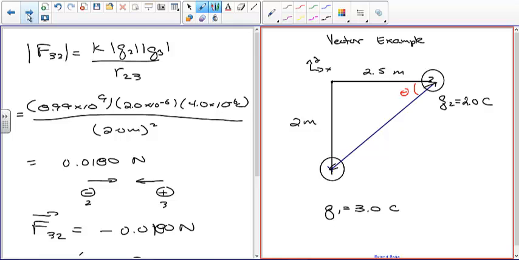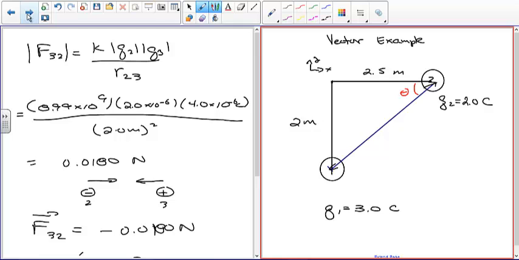And this charge 2 is 2.5 units in the x direction relative to charge Q1. Because they are both the same sign, they're going to be repulsive. This blue thing represents the vector or the distance between the 2 objects.